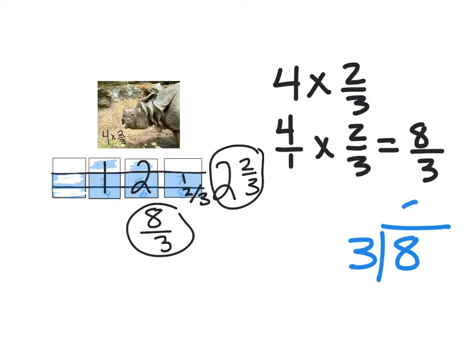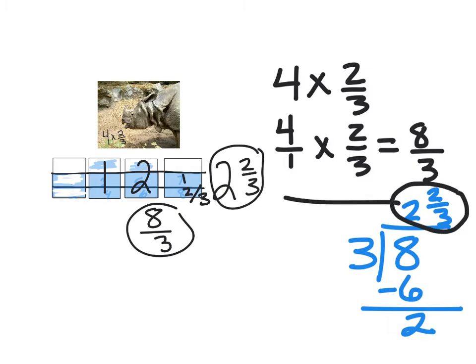And 3 will go in there 2 times, which gives me 6. And then when I subtract, I get 2 left over. So I write that as 2 out of 3, because your remainder comes up as your numerator, and your divisor becomes your denominator. And right here you can see 2 and 2/3, lovely as it is, agrees with our mathematical model right there. And that is always beautiful, my friends.